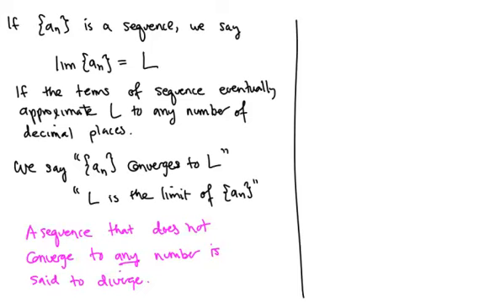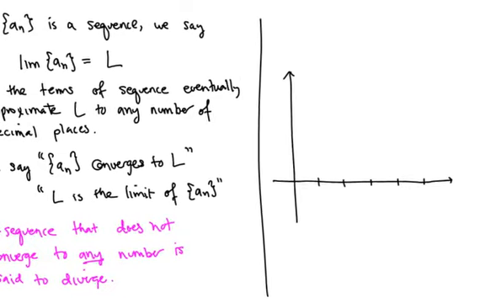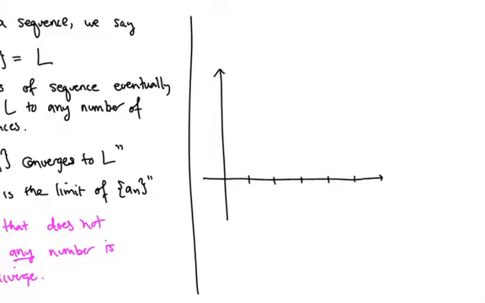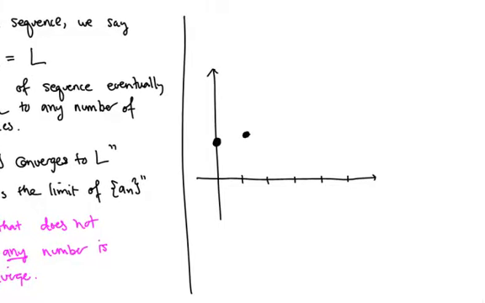So what does this mean geometrically? Well, imagine we stick up some axes, and then I start plotting the terms of a sequence. So I have the different terms of the sequence. What would it mean for this sequence to converge to L?